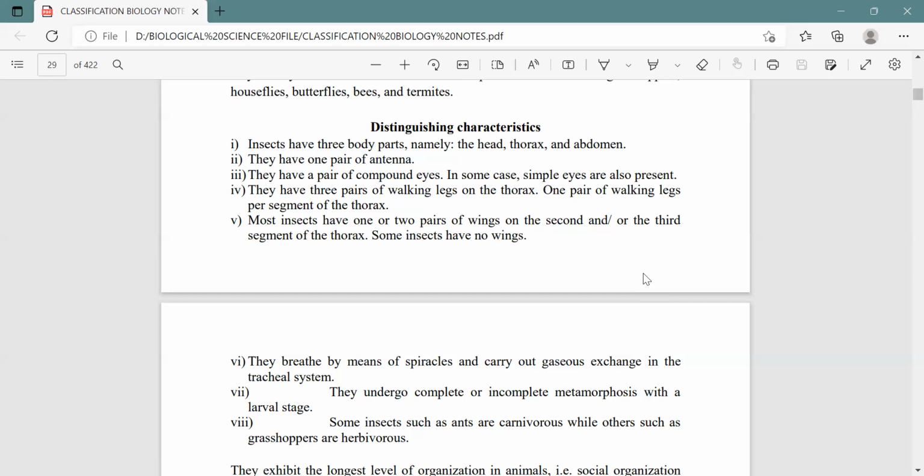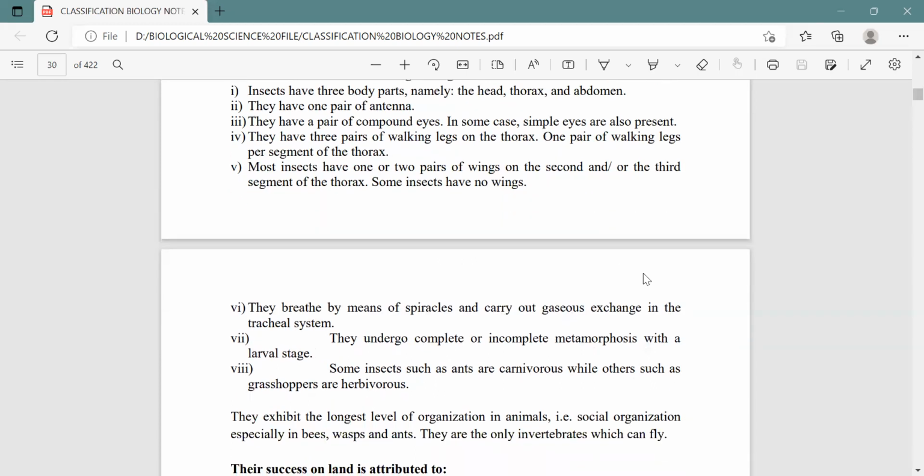These have 3 body parts. The other ones, arachnids, have 2 body parts. Arachnids have 8 legs or 4 pairs of legs. When you come to insects, they have 3 pairs of legs, and so on and so forth.